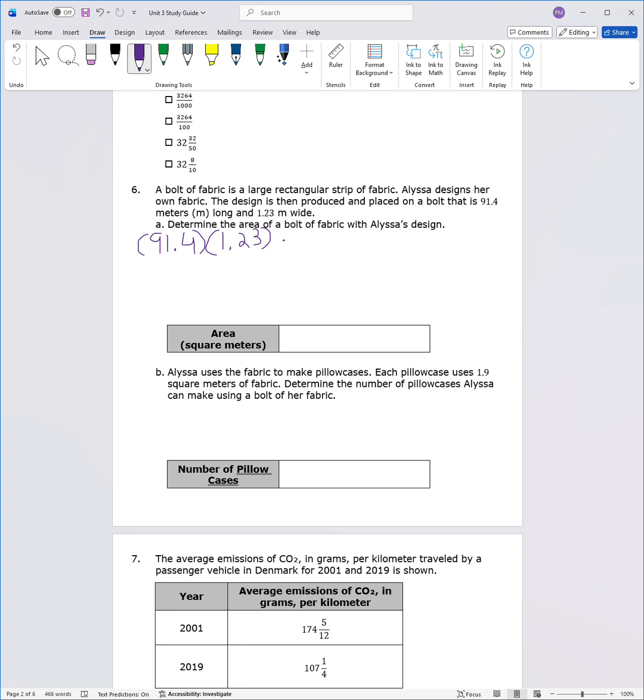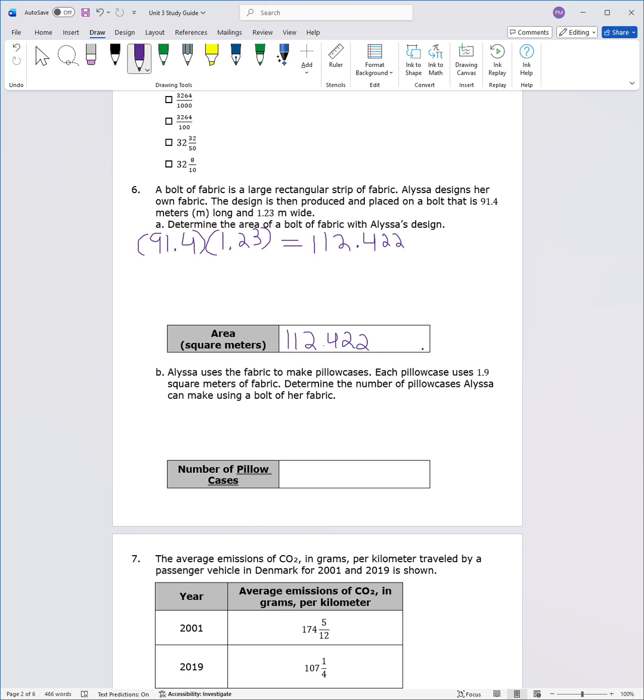You have a calculator, so just type it in and multiply, and we get 112.422. So that's our first part.